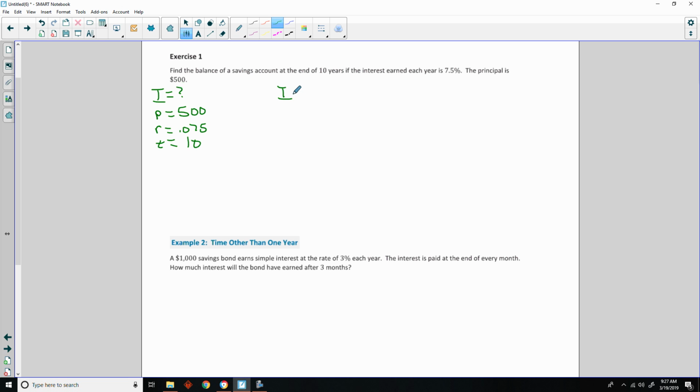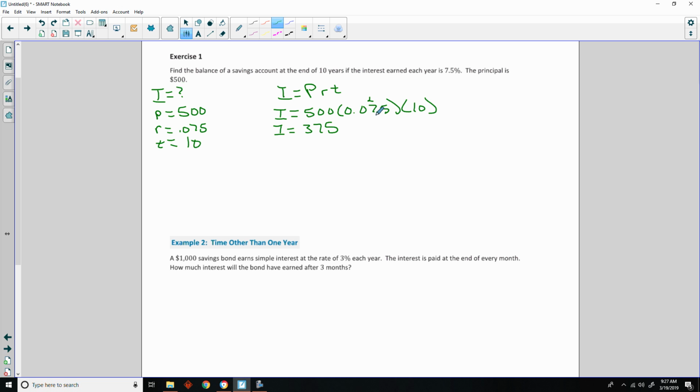So I equals PRT. Substitute the givens. So I'm going to multiply 5 times 5 and get 25 and carry the 2. 7 times 5 is 35 plus 2 is 37, and there are 2 zeros, so I'd move it over 2 decimal places.